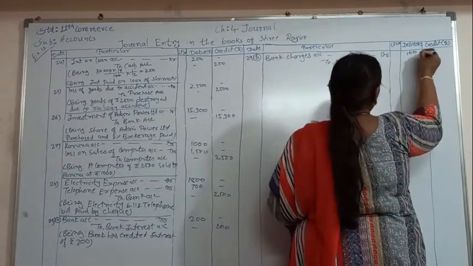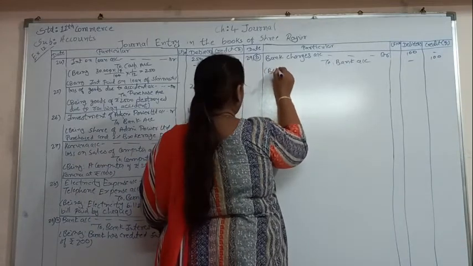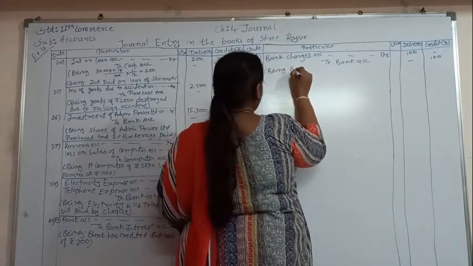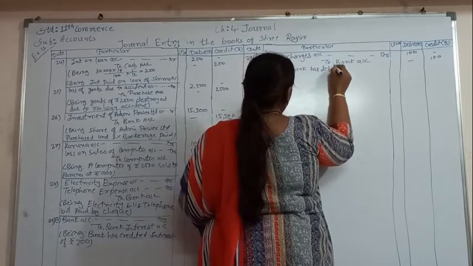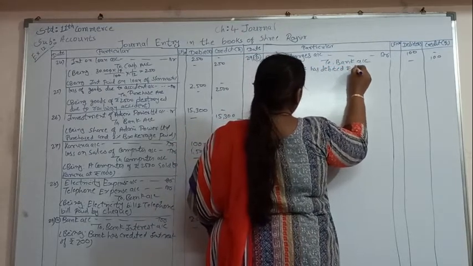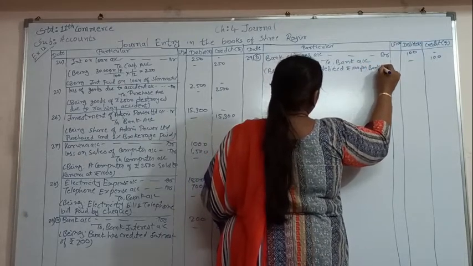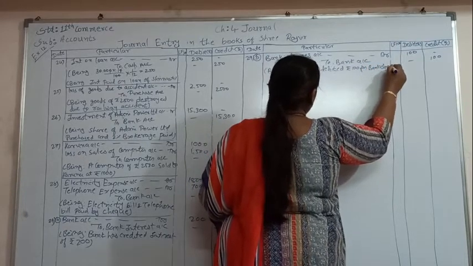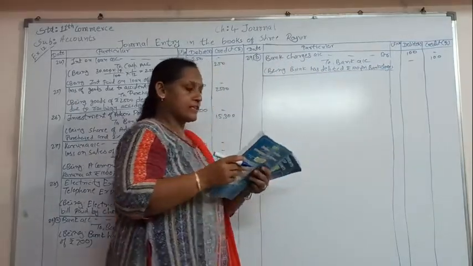So that we are going to write 100. Being bank has debited rupees 100 for bank charge.